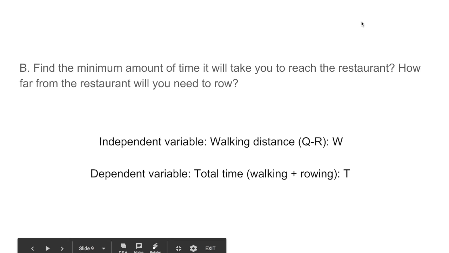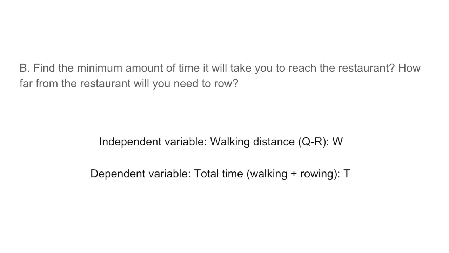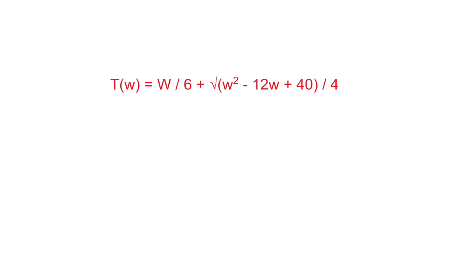Question B asks to find the minimum amount of time it will take you to reach the restaurant and how far from the restaurant you will need to row. As a reminder, our independent variable or walking distance is W, and the dependent variable or total time is T. To find the minimum amount of time and the distance from the restaurant you will need to row, we need to look back at the previous function, T of W equals W divided by 6 plus the square root of parentheses W squared minus 12W plus 40 parentheses divided by 4.